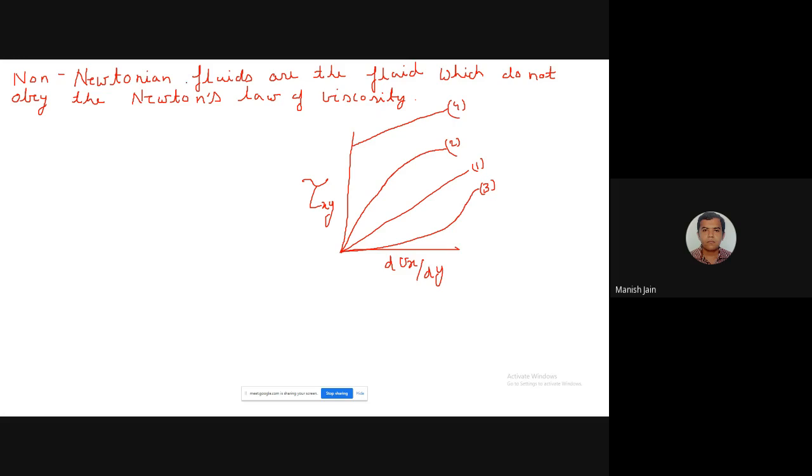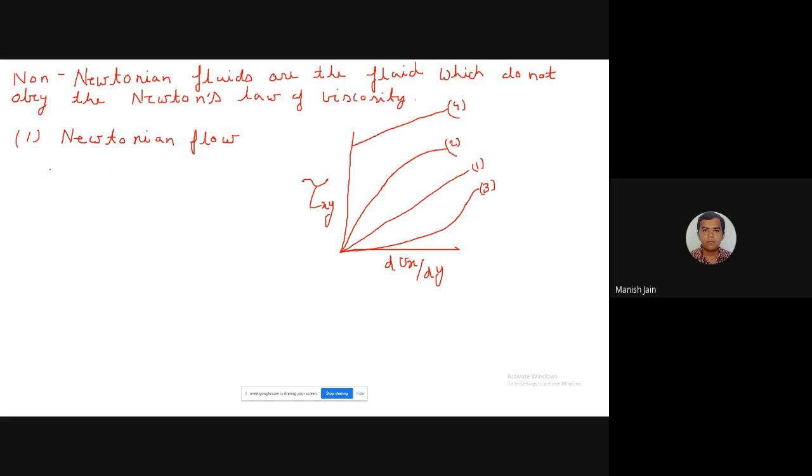The first curve represents Newtonian flow. What is Newtonian flow?